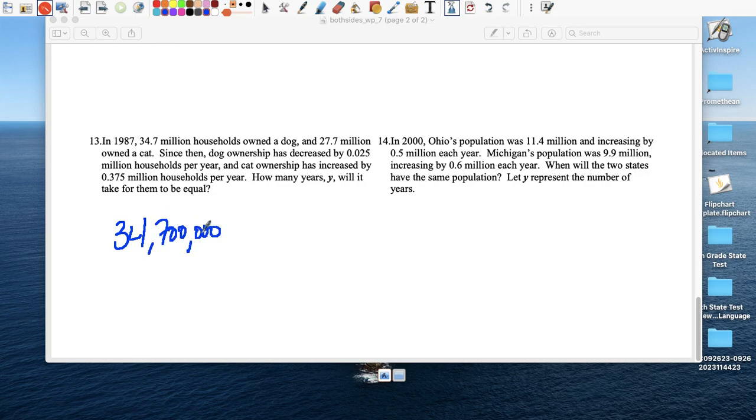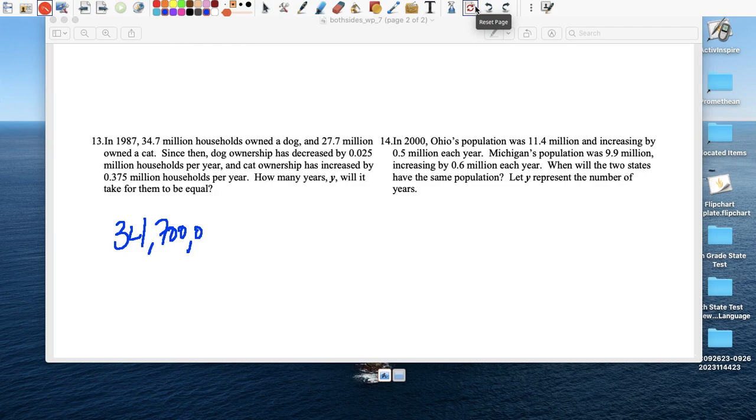34.7 million dogs, decreasing by 0.025 per year. These are the dogs, and these are my cat people.